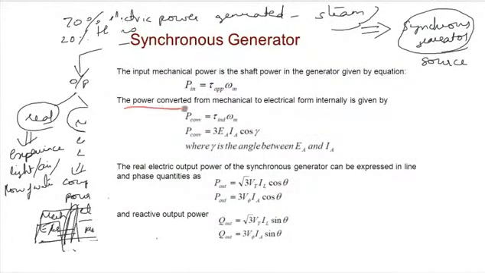The power converted from mechanical to electrical form internally is given by tau induced into omega m. So the converted power is 3 E_A I_A cos delta, where delta is the angle between E_A and I_A.